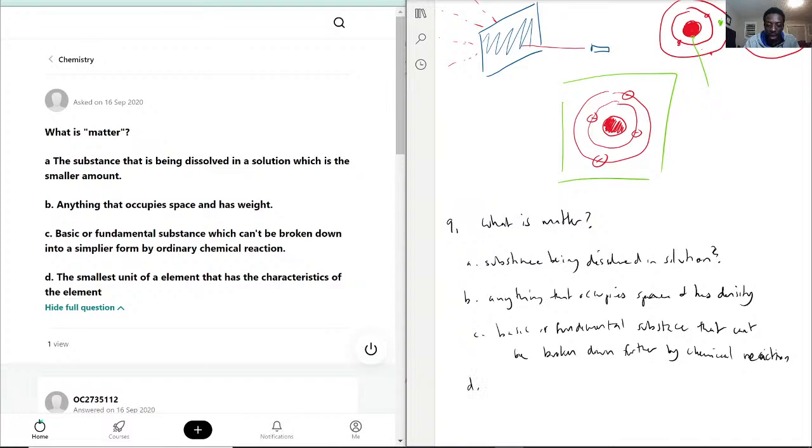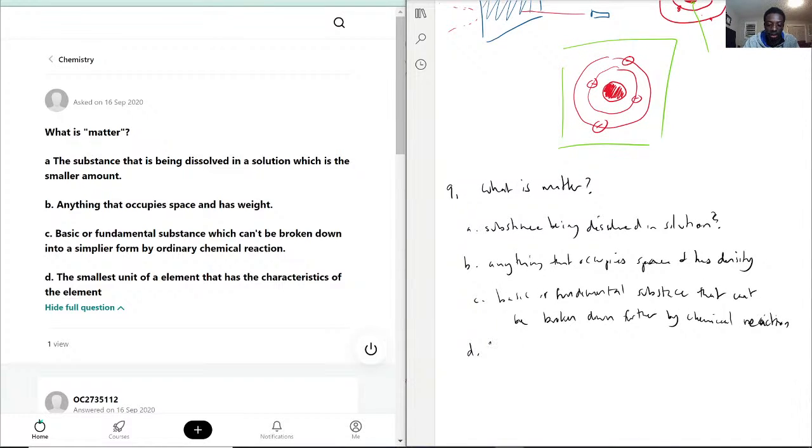And then D, we have smallest unit of an element that has characteristics of the element.